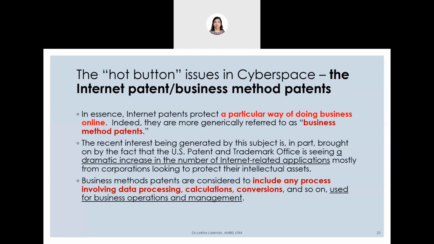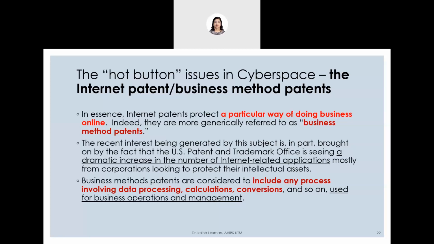Now, in addition to e-businesses, we also have e-banking. So you can see a lot of functions are required for banks as well in protecting their customers' financial interests. Again, you can see that the need for business method patents is growing by leaps and bounds.